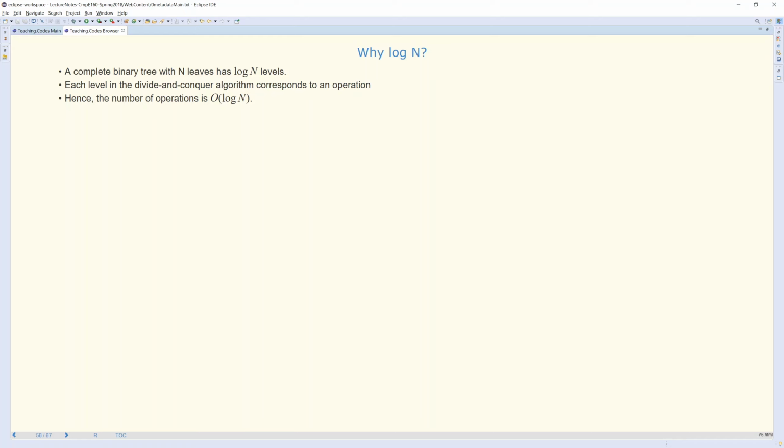And if you're talking about a binary tree that has n leaves, then the number of levels in a complete binary tree would be log n. And in each level, the divide and conquer algorithm will be performing an operation which is this splitting and then selecting one of those pieces. So the algorithm's complexity would be in terms of log n.